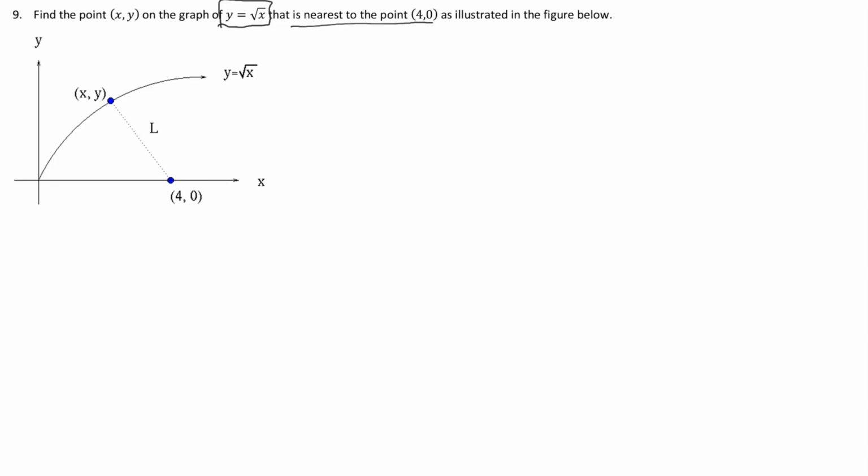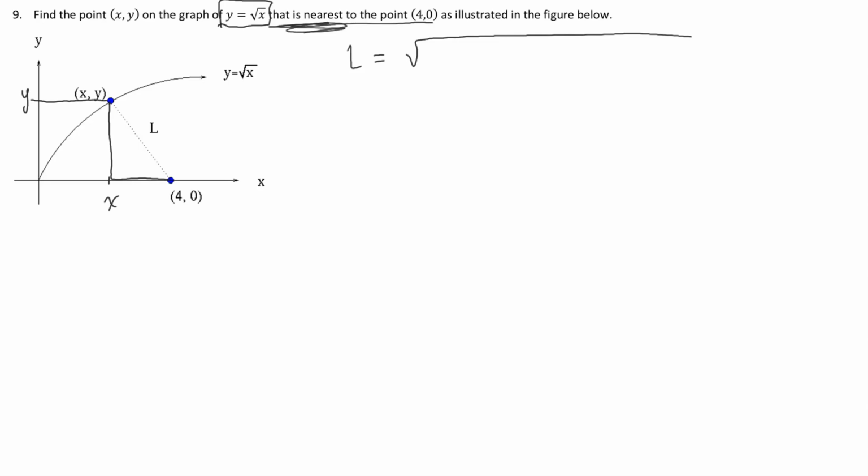If you think about the distance L right there, we want that distance to be minimized, meaning the nearest distance. So the distance L is going to be the square root of, by the Pythagorean theorem, this would be x right here, and this would be y right here.